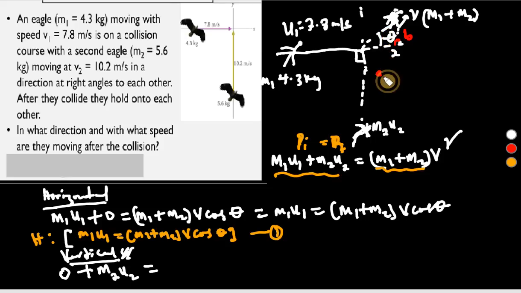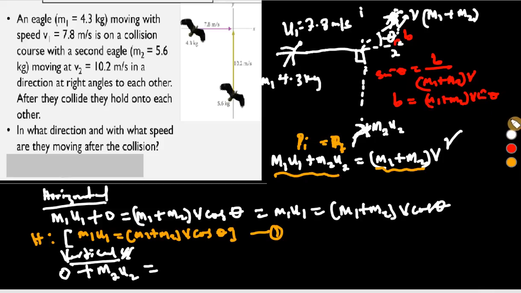So if I say sine theta is opposite upon hypotenuse. Opposite upon what? Hypotenuse. So that you have that. What is the opposite now? The opposite is b, and the hypotenuse is (m1 plus m2) all times v. So b now will be (m1 plus m2) v sine theta.